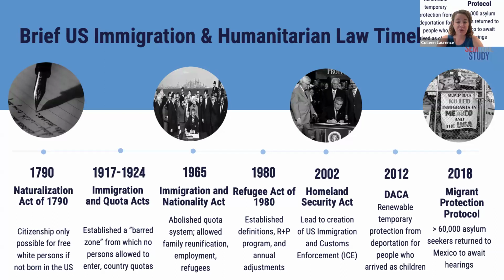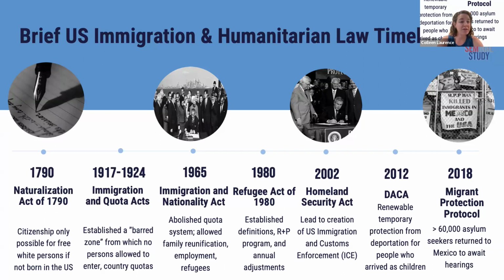In 2002, the Homeland Security Act was passed in response to the 9/11 terrorist attacks. This centralized decision-making power over immigration policy under one agency, gave greater power to the executive branch to determine who enters and leaves the country, and led to the creation of the U.S. Immigration and Customs Enforcement Agency, or ICE.